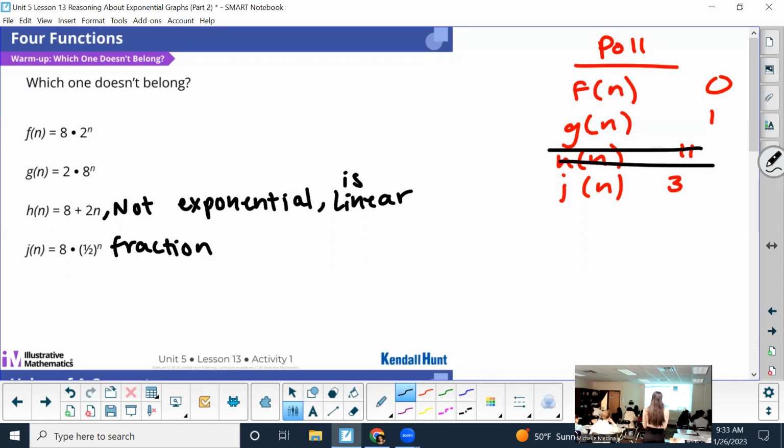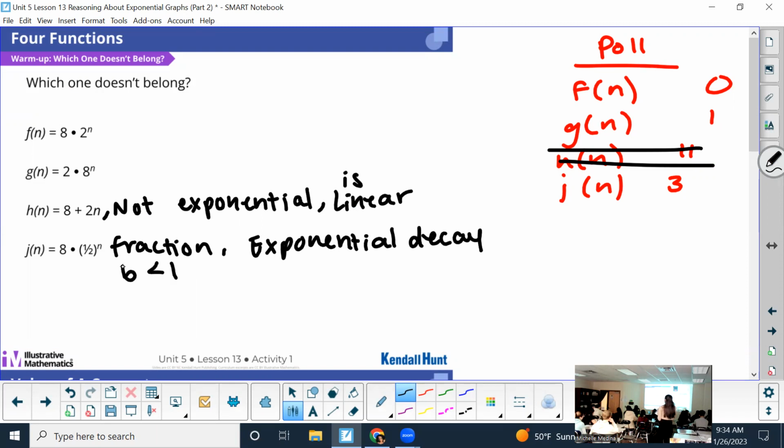What does it do to the graph if the B is a fraction? Good. So it is the only one that is exponential decay. Just because it's a fraction doesn't necessarily mean it will be decay. It has to be a fraction less than 1. So you can have fractions more than 1.